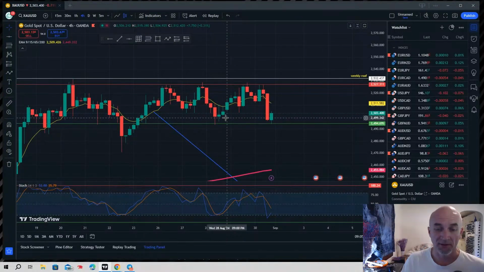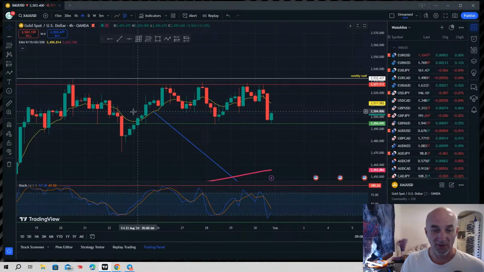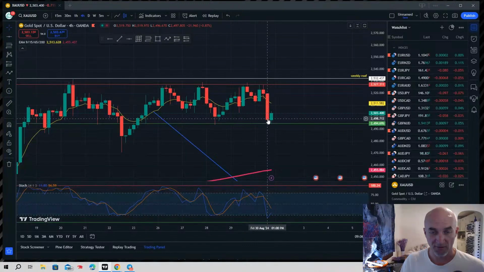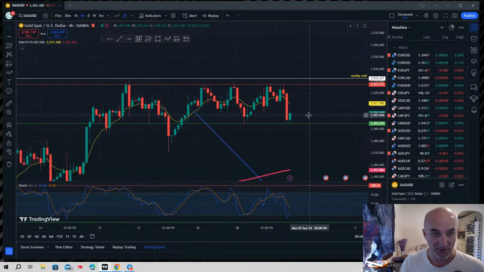You can see that Monday, Tuesday, Wednesday, Thursday, and Friday, price stayed in that daily price range for like weeks. From Friday the 16th of August, yeah, so the last 2 weeks of August, it's literally been riding in the 24.94 to 25.27 range.